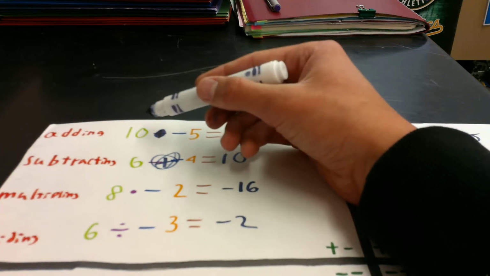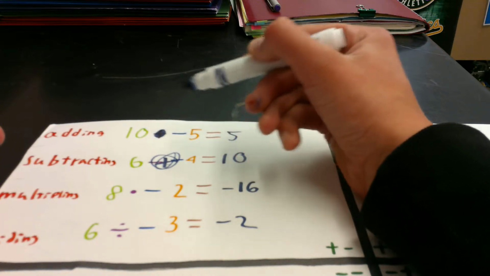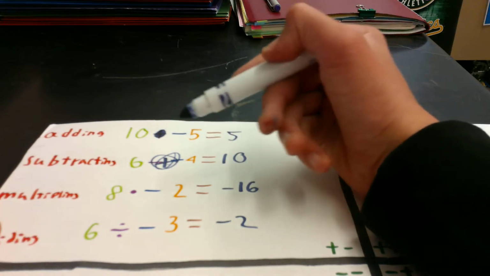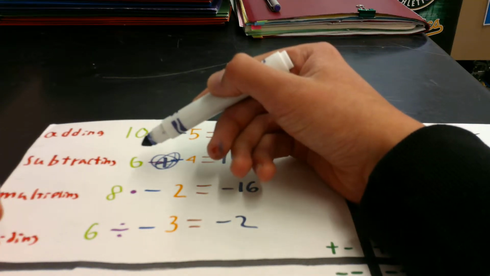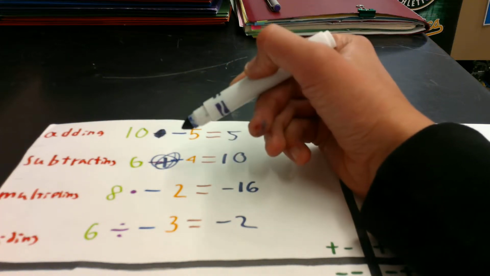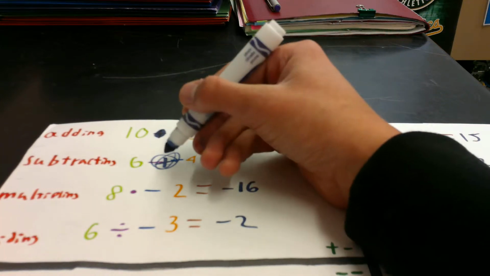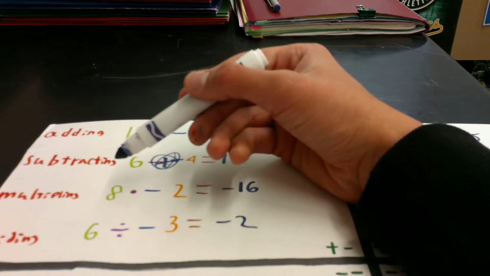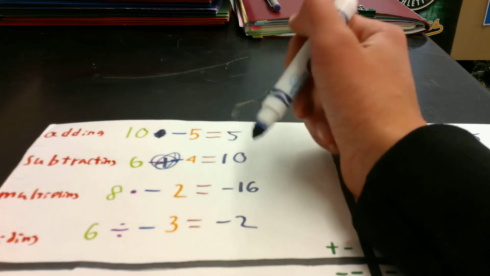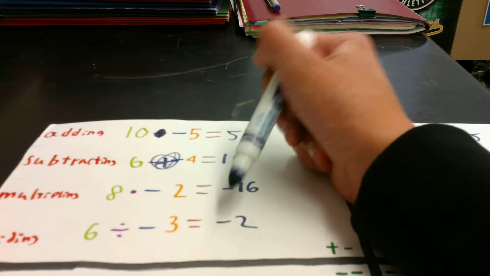I mean, if you're adding 5 plus negative 10, you'd get negative 5. A positive subtracting a negative equals a positive. You're adding. A positive times a negative equals a negative. A positive divided by a negative equals a negative.